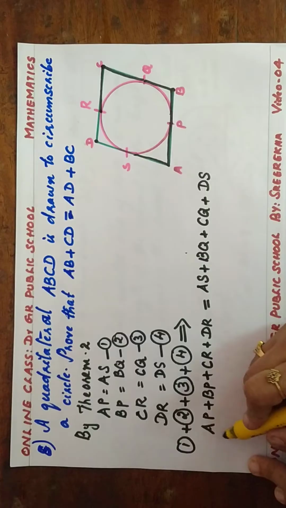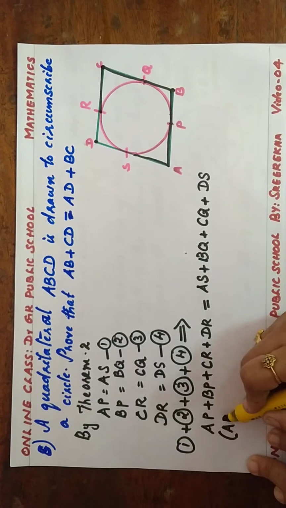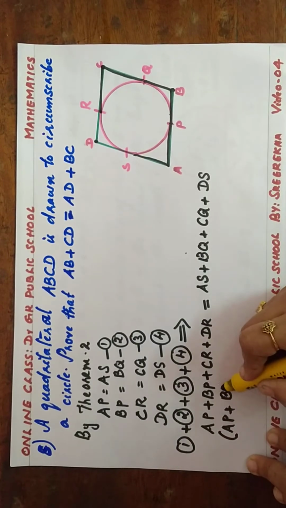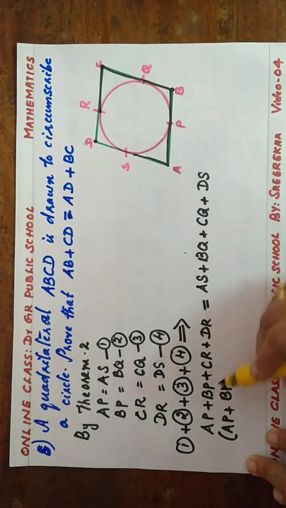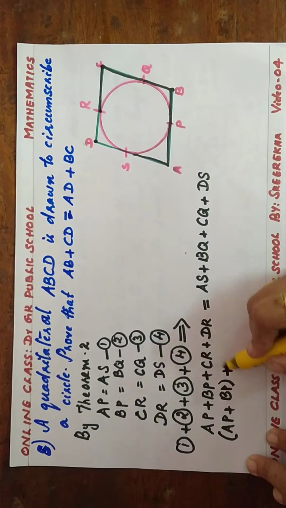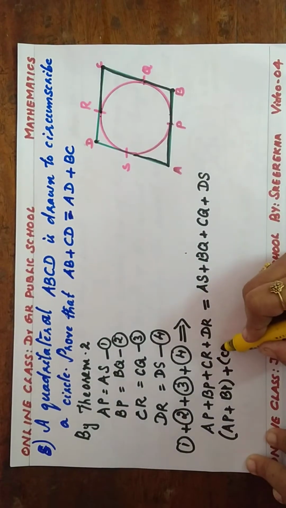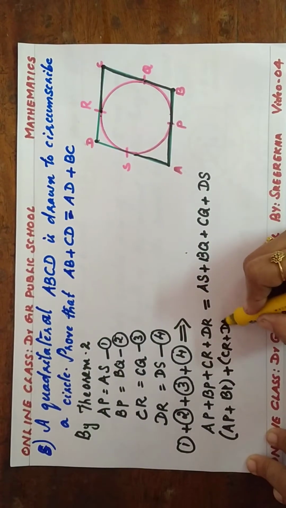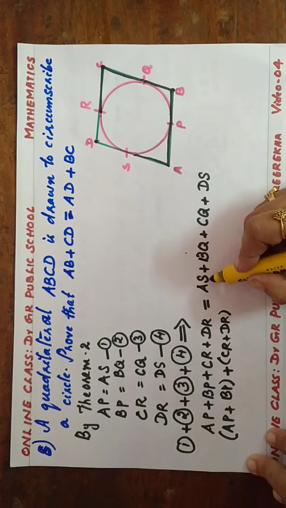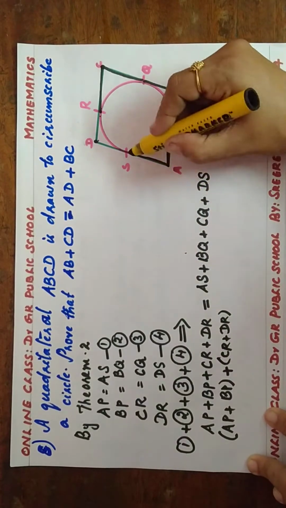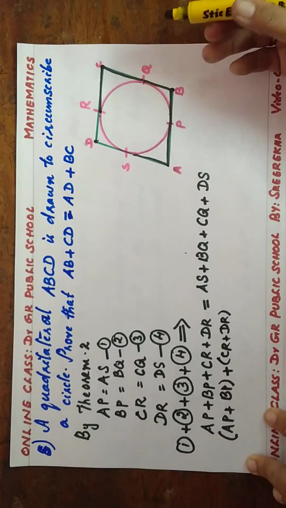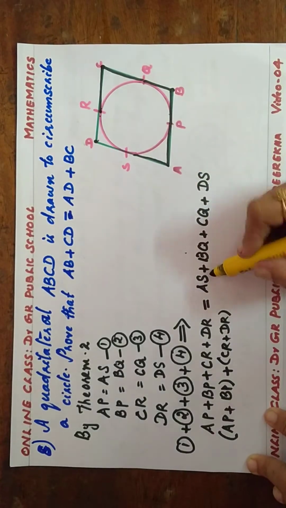So try to group in this way. AP plus BP in one group, so that you will get AP plus BP equal to AB, plus CR plus DR. Look at CR plus DR, I am going to arrange it in one group. But AS plus BQ must not be added.